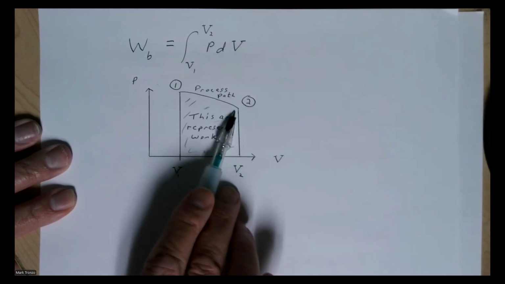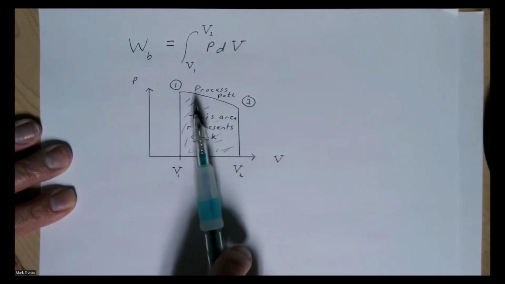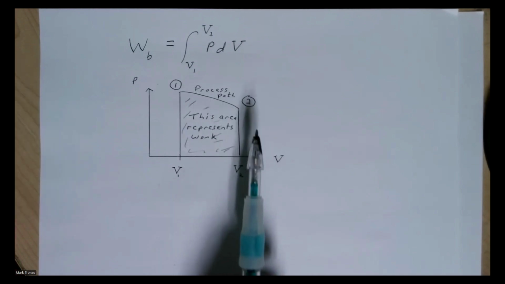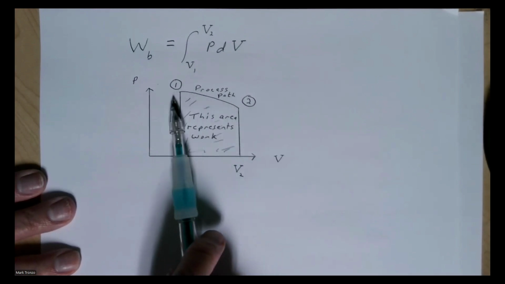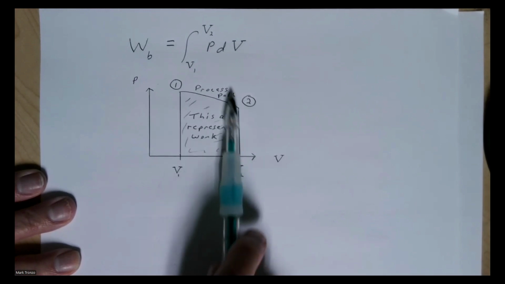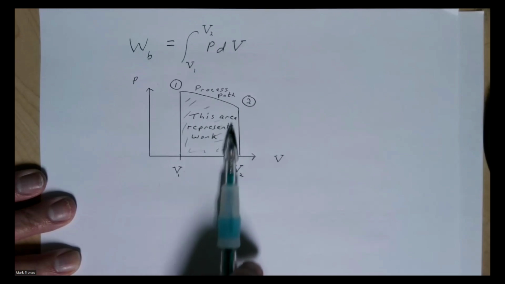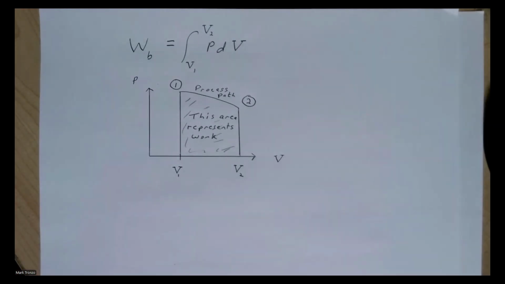The amount of work depends upon the relationship between pressure and volume all the way through the process. So depending upon the path that you cover, the work can be different. But by doing this integral, you can think of the work being represented by this area under the curve.